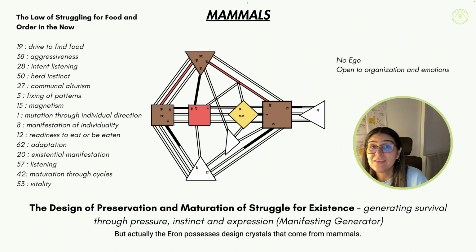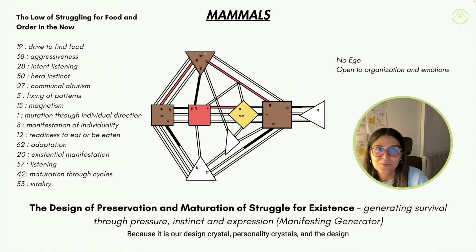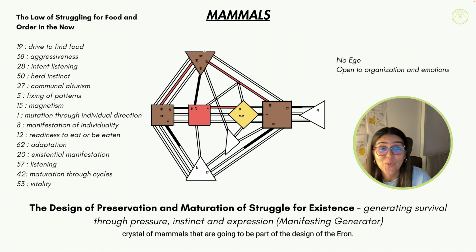But actually, the Eron possesses design crystals that come from mammals. And so we don't know exactly what, but there is something that is inherently important in the relationship between human beings and mammals, because it is our design crystal, personality crystals, and the design crystal of mammals that are going to be part of the design of the Eron.